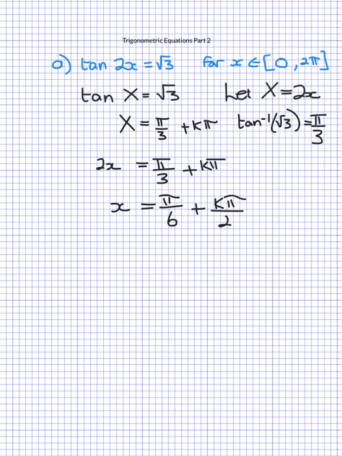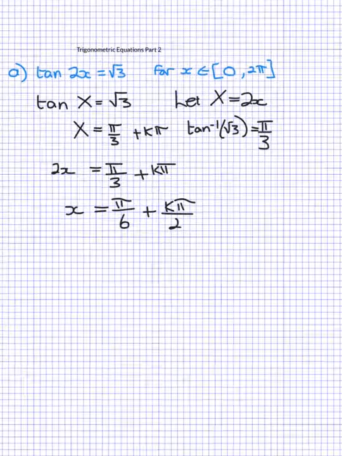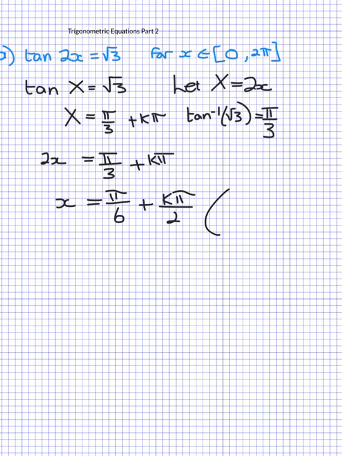Now we just have to think about our domain, and we know that it's in between 0 and 2 pi. So with that we can just think, well, k pi over 2, I'm just going to write this out over on the side. You might be able to work it out without doing this, but it will just make it a little bit easier.